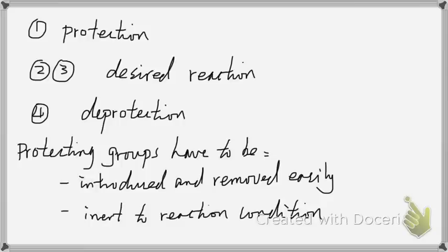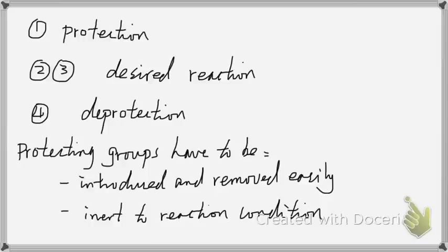For example, our acetal or the ketal, they can be hydrolyzed under acidic condition, but they are very stable in basic condition. In our desired reaction, we use sodium amide to deprotonate the triple bond. That's under basic condition. So our protecting groups will not be affected.